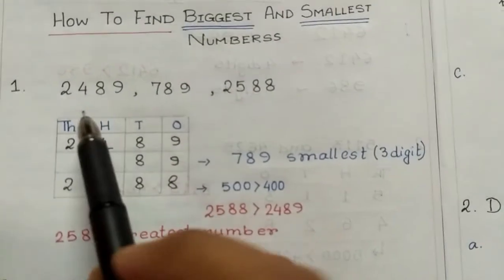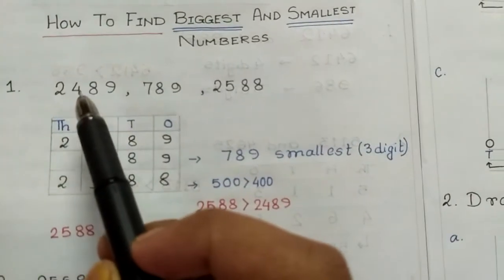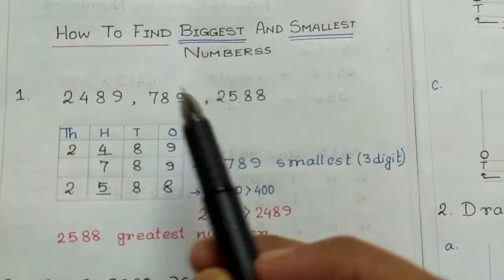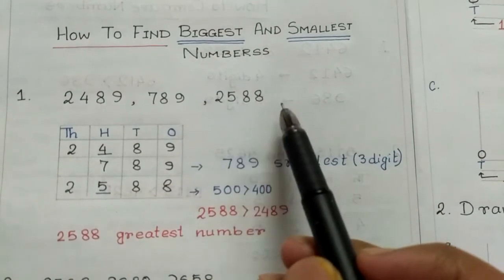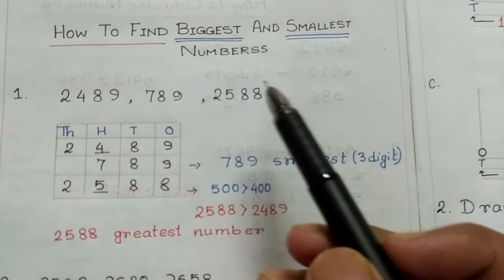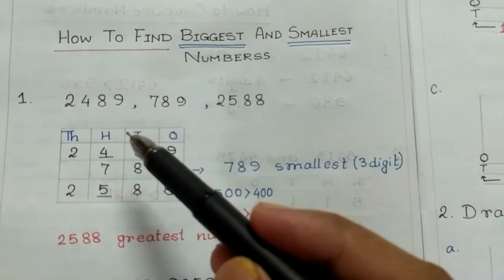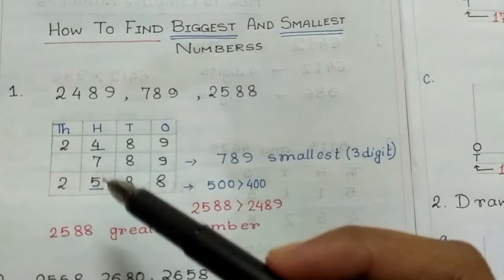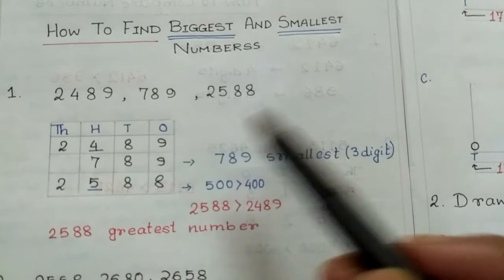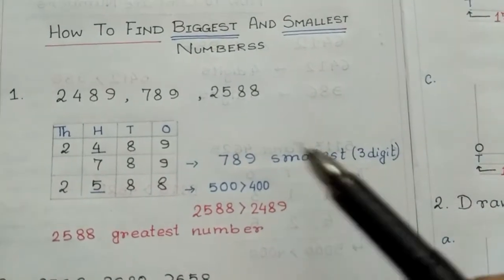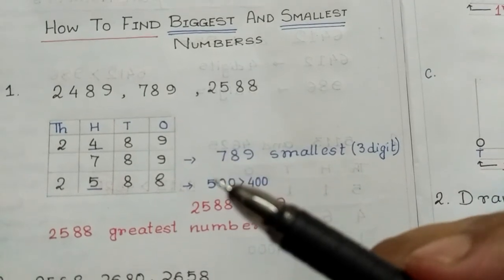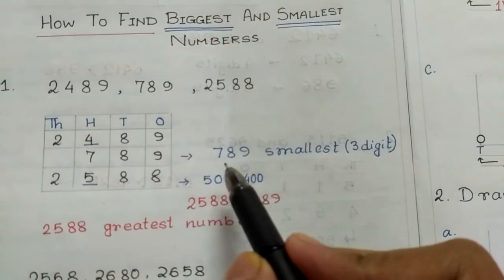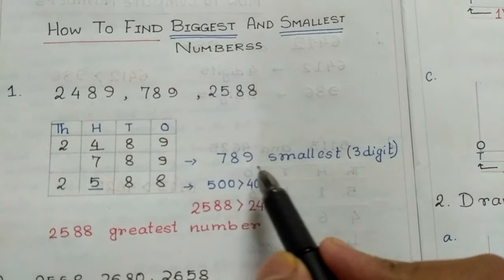You can see that the first example is 2489, 789 and 2588. So as usual, we have to put the numbers in the segments of thousand, hundred, tens and ones. After putting the numbers in the segments, we can easily find out that there is one smallest number.